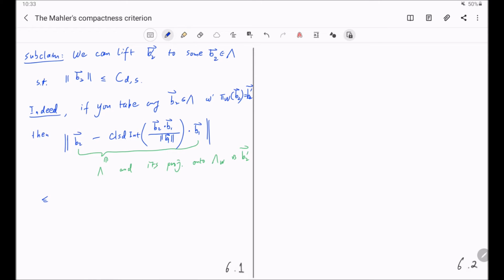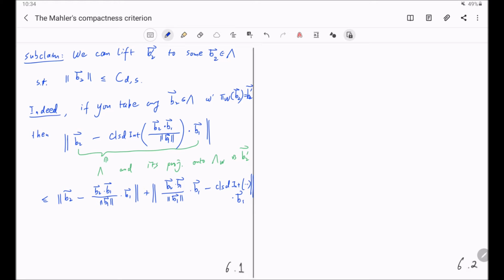Actually, by the triangle inequality, this is less than or equal to the norm of B2 minus this scalar, B2 dot B1 divided by the norm of B1, times B1, plus this thing: this scalar times B1 minus the closest integer to this part times B1.